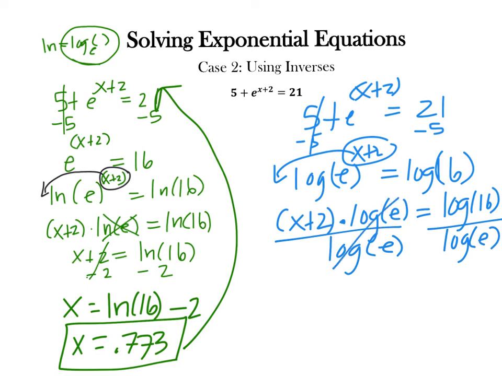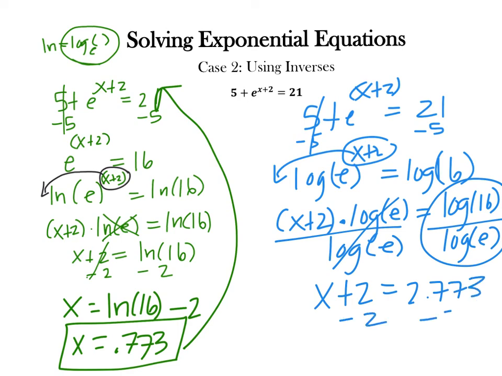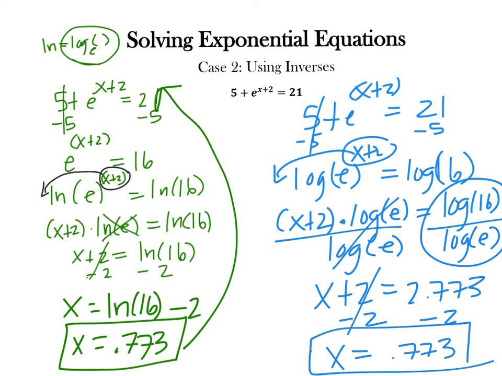When you divide on the left, these cancel out, and you're left with x plus 2 equals, this goes in your calculator, log 16 divided by log of e. When you divide those, you get 2.773. When you subtract 2 on both sides, you get x equals 0.773, which is the same thing as over here, right?